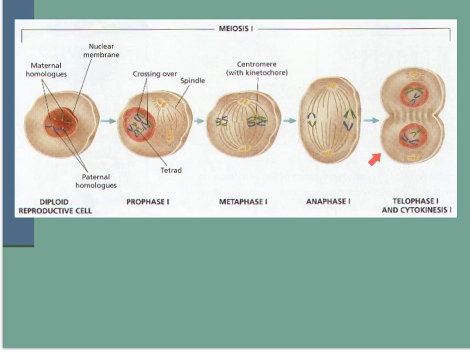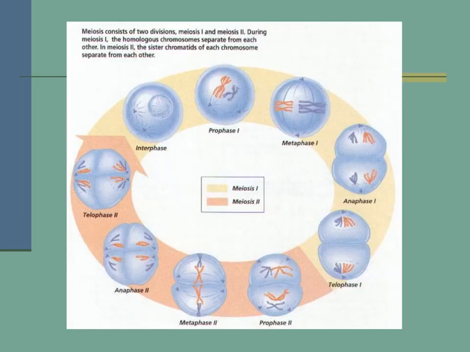So at this point we say that the cells are haploid, meaning they contain half the chromosome number that would be found in that species. After telophase 1 has been completed, we move to our second division, and our second division would be prophase 2, metaphase 2, anaphase 2, and telophase 2.